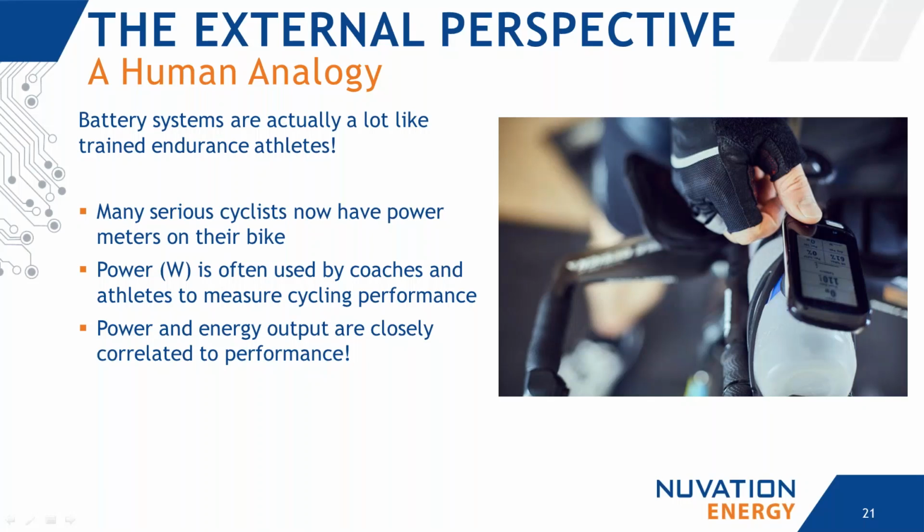One of the reasons this is so effective is because power and energy are very closely correlated to performance. And cycling is actually largely an energy management activity. Once you are riding, you have to manage your energy carefully if this ride is going to last more than a few seconds.